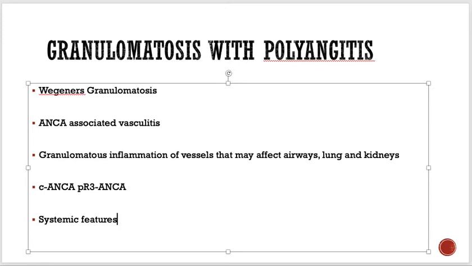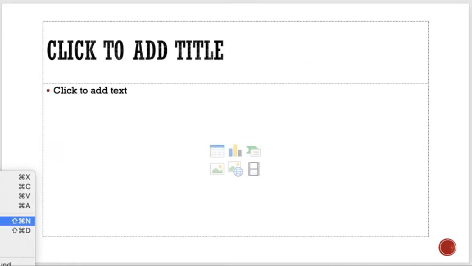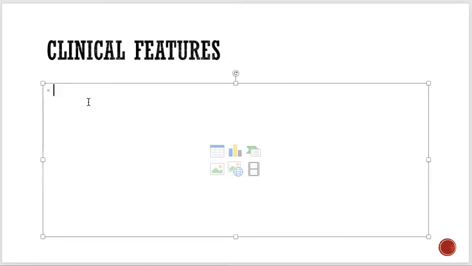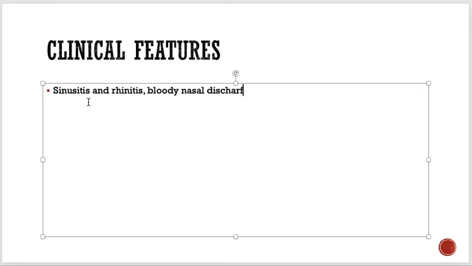And now, the local clinical features which will be present in these patients is that they present with sinusitis and rhinitis, and sometimes with bloody nasal discharge. Why? Because there is granulomatosis going on.